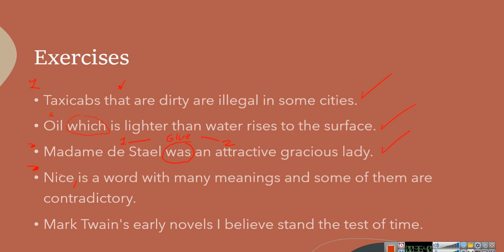Well, the thing is that we can think this is the subject. However, as we have a verb, this is a very long subject. Look, nice is a word with many meanings. Nice is a word with many meanings is the subject in this case.